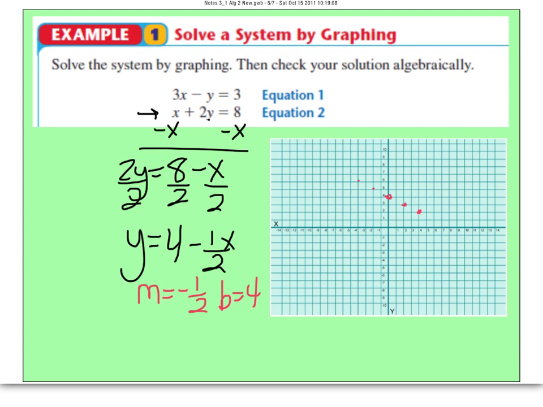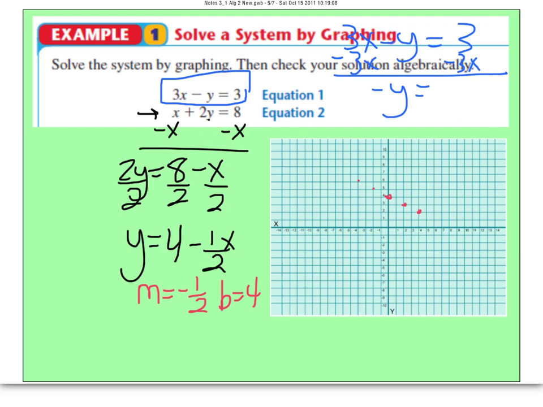Okay, let's look at the first equation now. This one here, I'm going to solve for y. So I'm going to rewrite it up here. It's 3x minus y equals 3. To get y by itself, first subtract 3x. I'm left with negative y equals negative 3x plus 3.